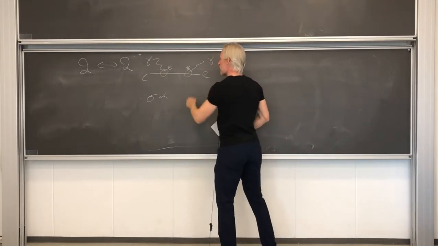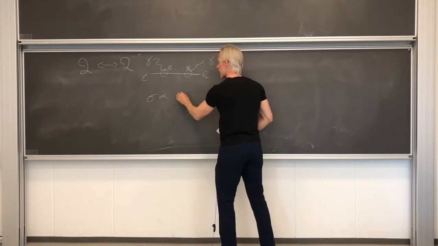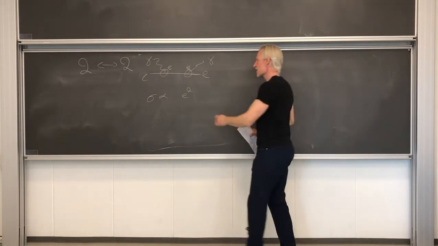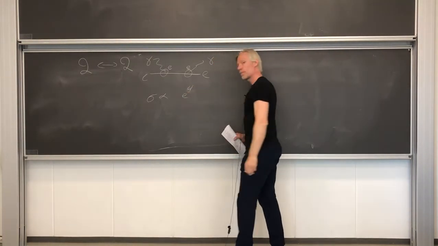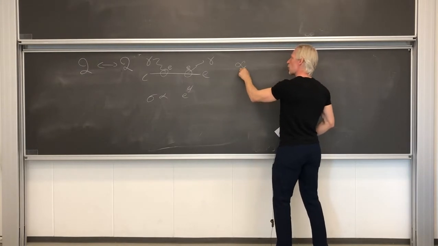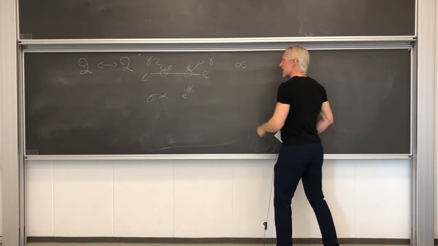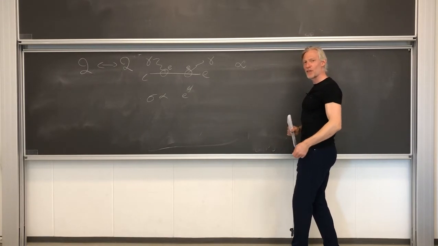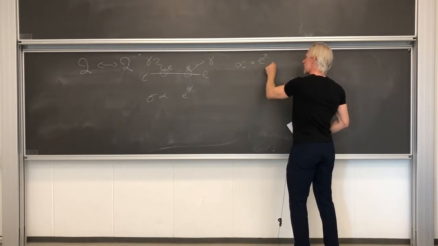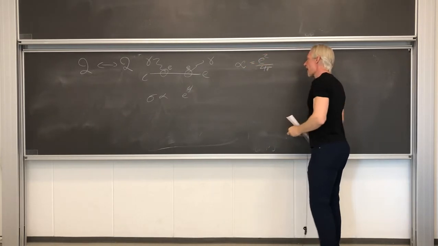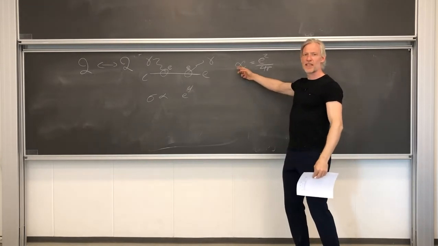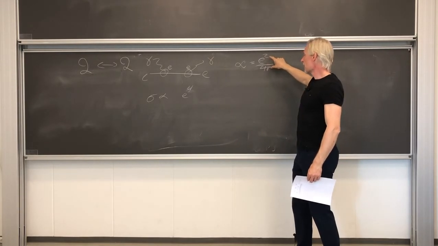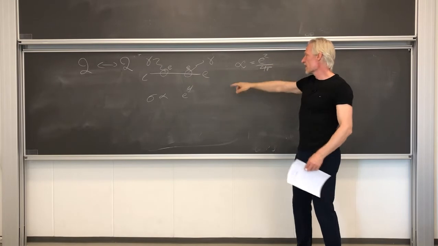And that means that the amplitude in this case becomes proportional to e squared. But remember, a cross-section is something to do with an amplitude squared. And that means this is really e to the power 4. And we typically use not the fundamental coupling constant itself, but rather a dimensionless version of it that we call the fine structure constant, which is defined like this. And this is the one that's 1 divided by 137, right, for electromagnetism at low energy. So we see this is proportional to alpha squared.